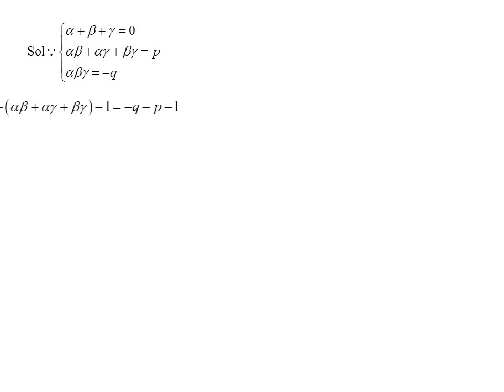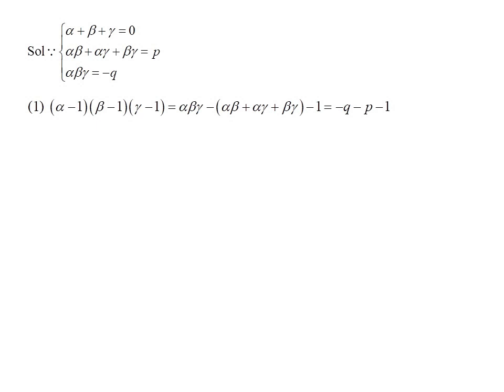As for the first question, we expand the product of alpha minus 1, beta minus 1, and gamma minus 1. It equals the product of alpha, beta, and gamma, minus the sum of alpha beta, alpha gamma, and beta gamma, then minus 1. So after substituting the values from the simultaneous equations, we obtain the value, which is negative q minus p minus 1.